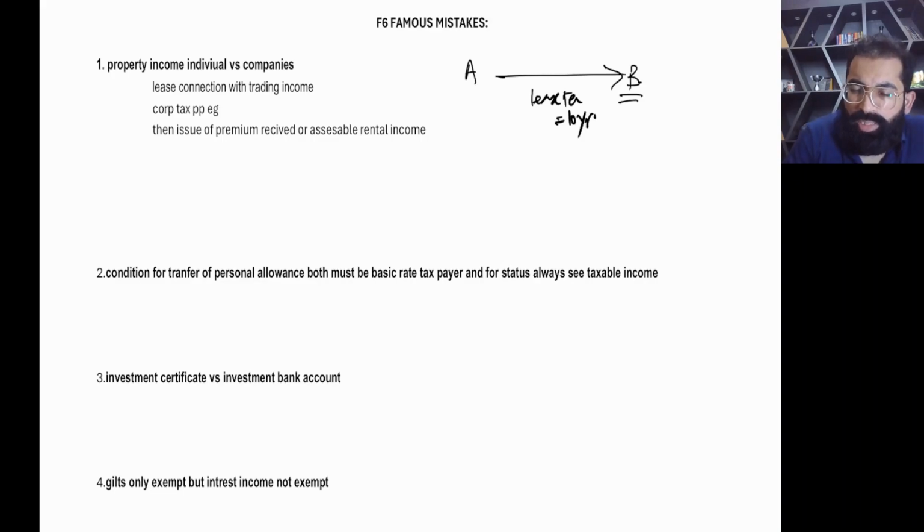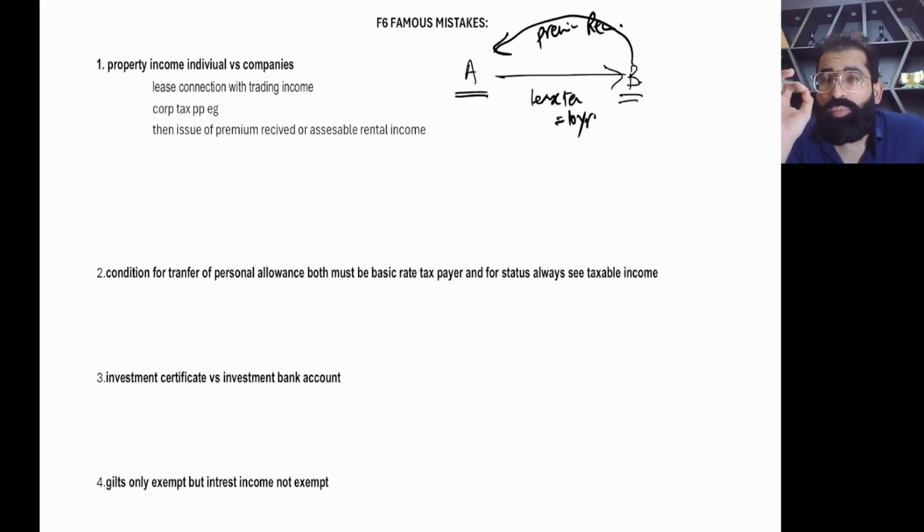Now in return, B gave you some premium, so you have received the premium. When A receives premium, there is one very important point, hope you remember: premium is taxed on receipt basis. So in A's books, you will write premium received.